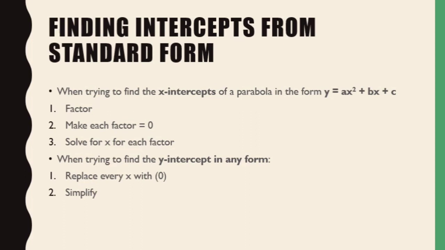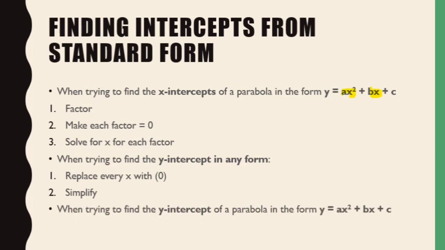So this becomes 0 and this becomes 0, and I end up with y equals c. So when trying to find the y-intercept of a parabola in the form y equals ax squared plus bx plus c, all I need to do is put 0 and then whatever c is. It's a point, so it's just (0, c).